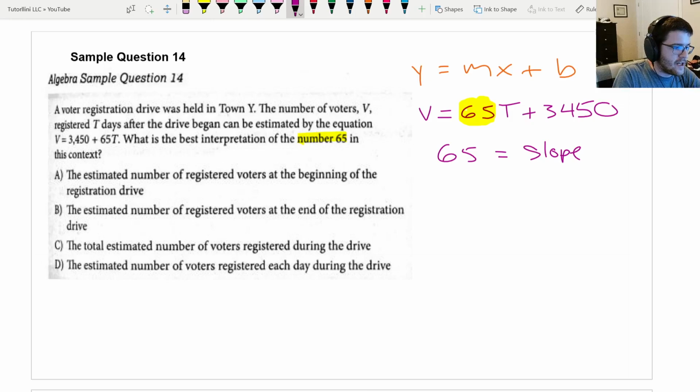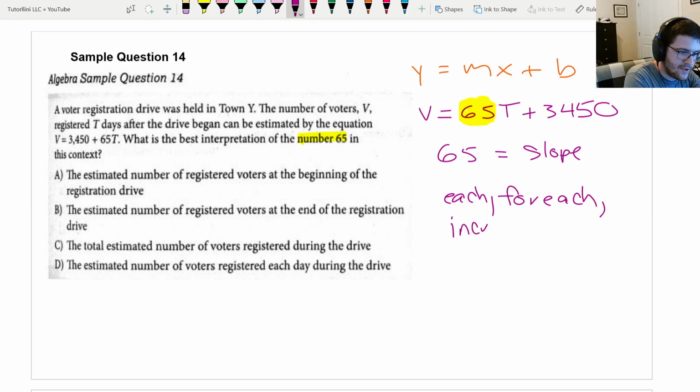Normally when you look for slope in an interpretation, you're going to see words like each, for each, increase, decrease, words that sound like a rate.